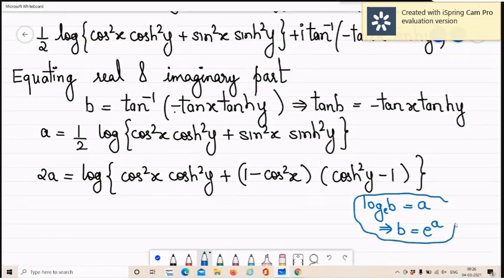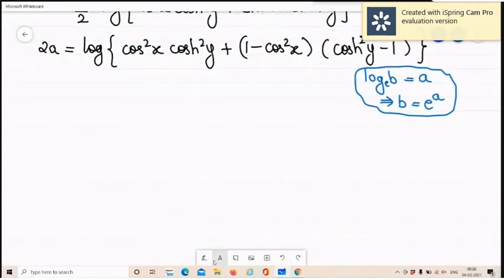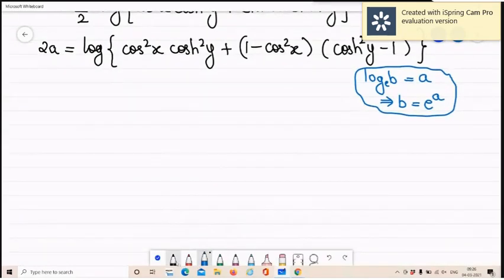Yes, the relation between log and hyperbolic. So what is going to come here? This log will become e raised to 2a equal to, and simultaneously I will open the bracket.